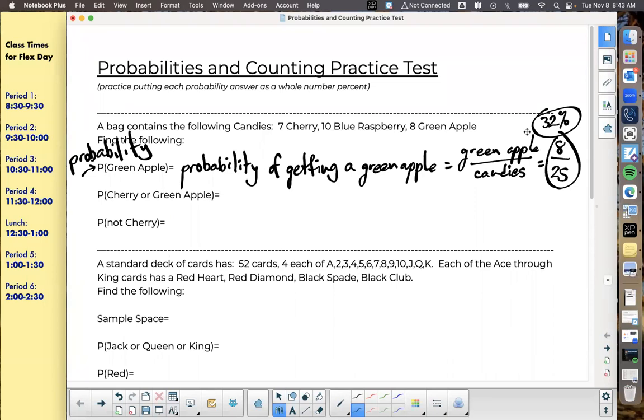Which Bella is here, by the way? It just says Bella. This is partially why cameras would be nice. But since nobody wants to put on their camera, I kind of need to know who's in the class to take attendance. So which Bella is here?